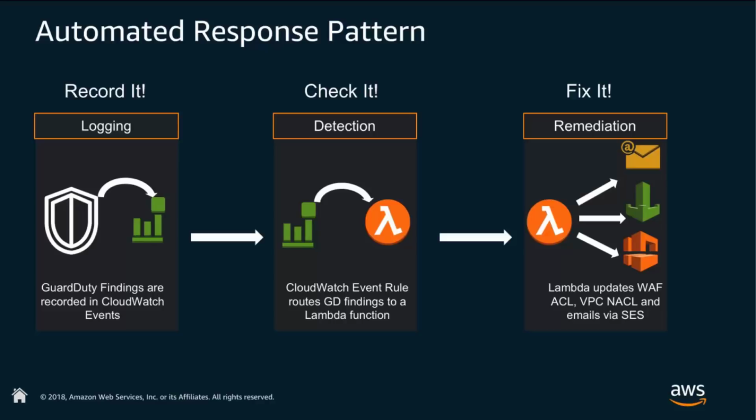It can tie into many services, and then it can trigger a target action through CloudWatch events. In this case, we're going to fire a Lambda. And then finally, we're going to take that action from the Lambda, and that's going to complete our remediation or mitigation, which is essentially sending a notification as well as updating an AWS WAF ACL and a VPC network access control list.